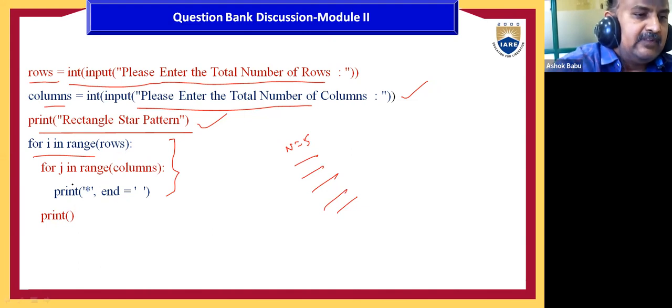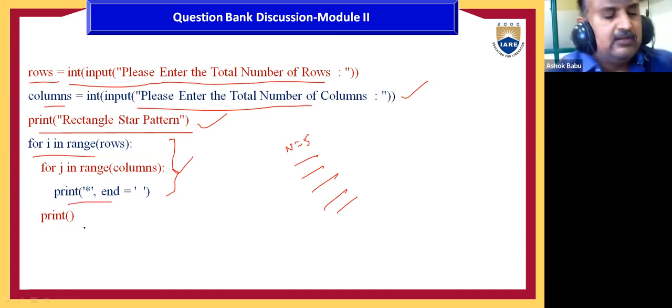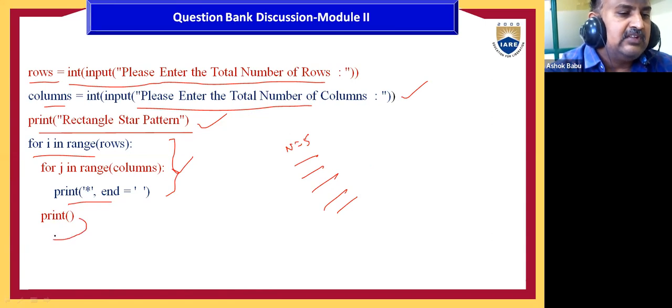Then for j in range(columns). Here i corresponds to the rows and j corresponds to the columns. Then print star with end equal to empty quotes. Then a plain print of nothing will go to the next line.